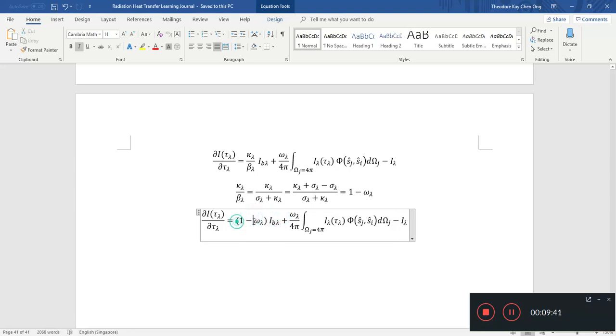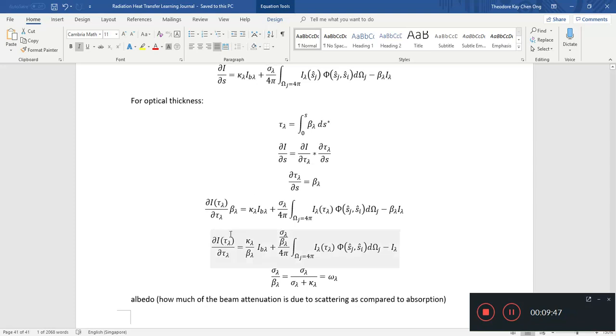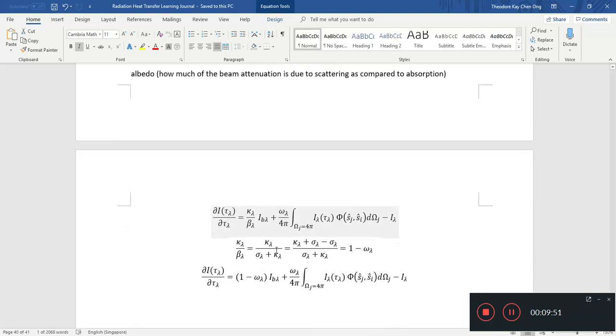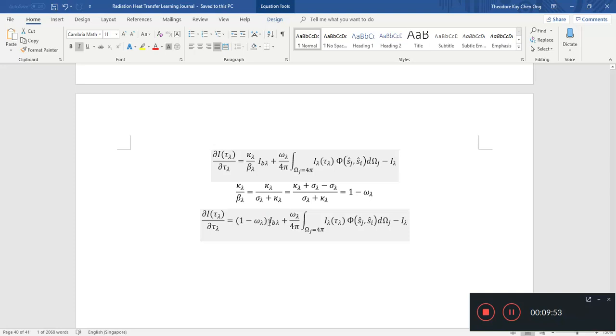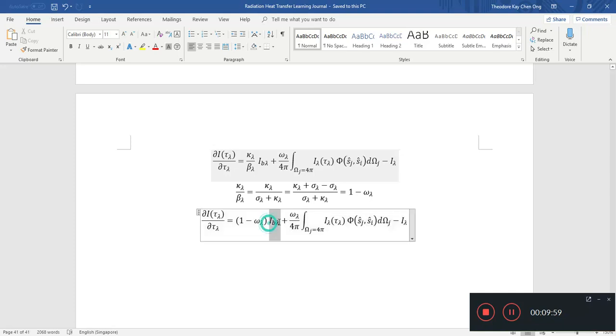1 minus omega lambda. You can't quite see it as obviously as, let's say, this equation, where you can see the kappa and the sigma there. You know what they mean. But now with albedo thrown in, it gets a bit harder to see. But you can still see it's emission because you have this black body term here, right?